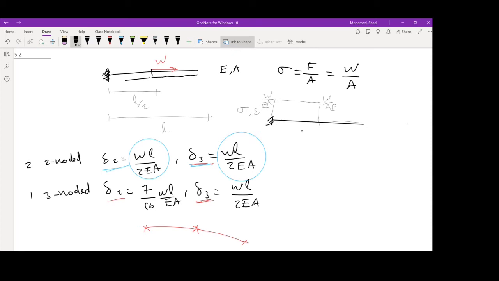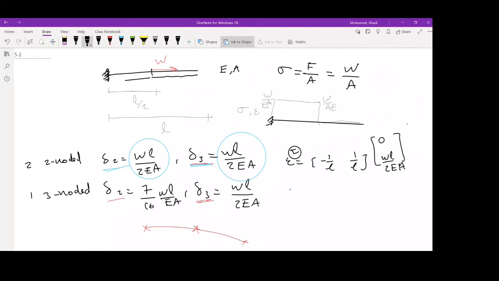Okay, now let us look into the solution you get from the two-noded element. The strain you have from the two-noded element is minus 1 over L multiplied by the displacement. I'm thinking about the first element now. The first element displacement is 0 and WL over 2EA, right? So this is the strain you have.